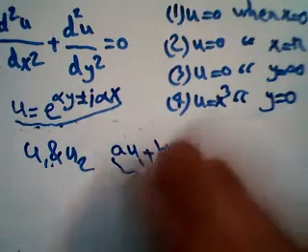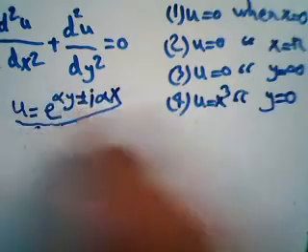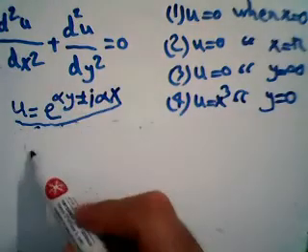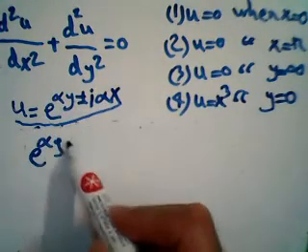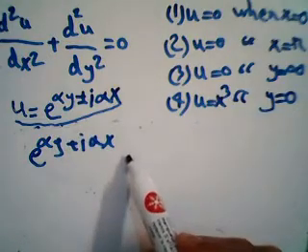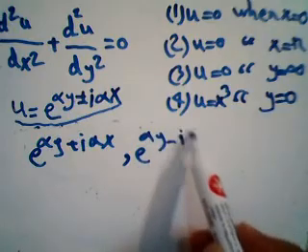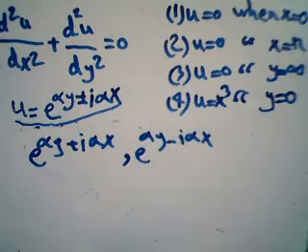This is not one function, this is two functions. One is e to the alpha y plus i alpha x, and the next one is e to the alpha y minus i alpha x.